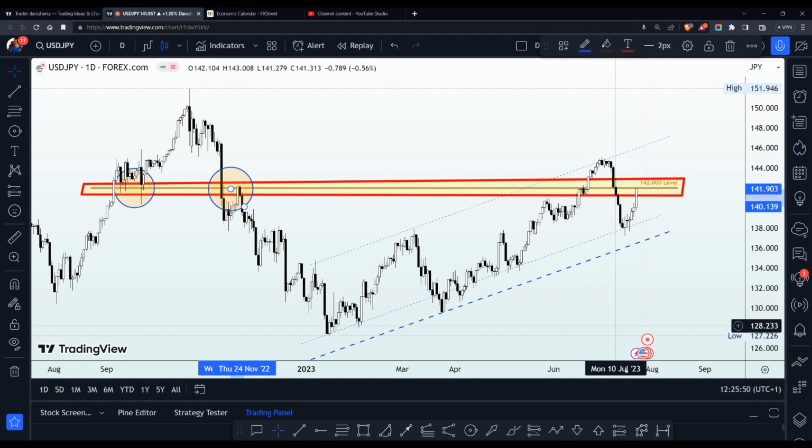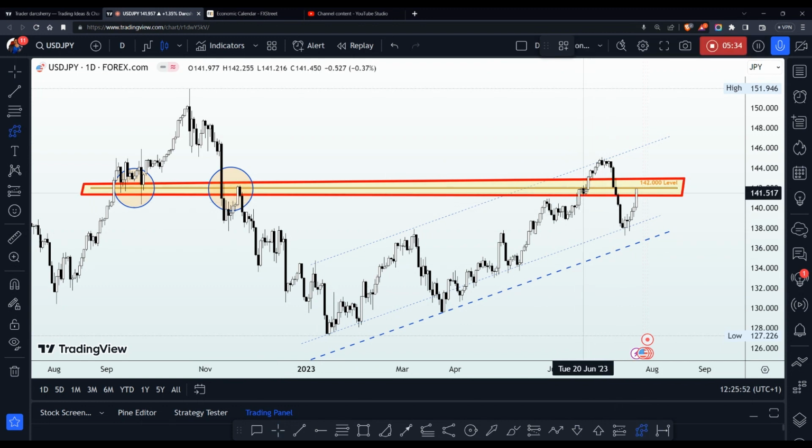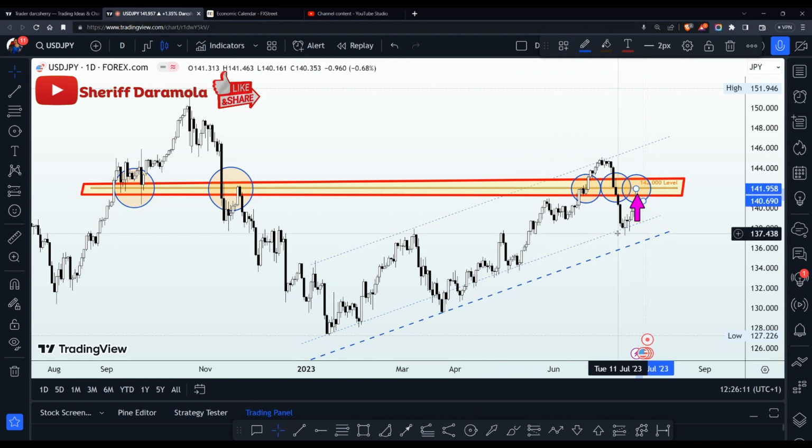Not until the last week of the month of June did we finally see the breakout of that level again. We saw the breakdown of that structure during the second week of this month. And during the last week's trading session, we saw price action come back to close around that level.